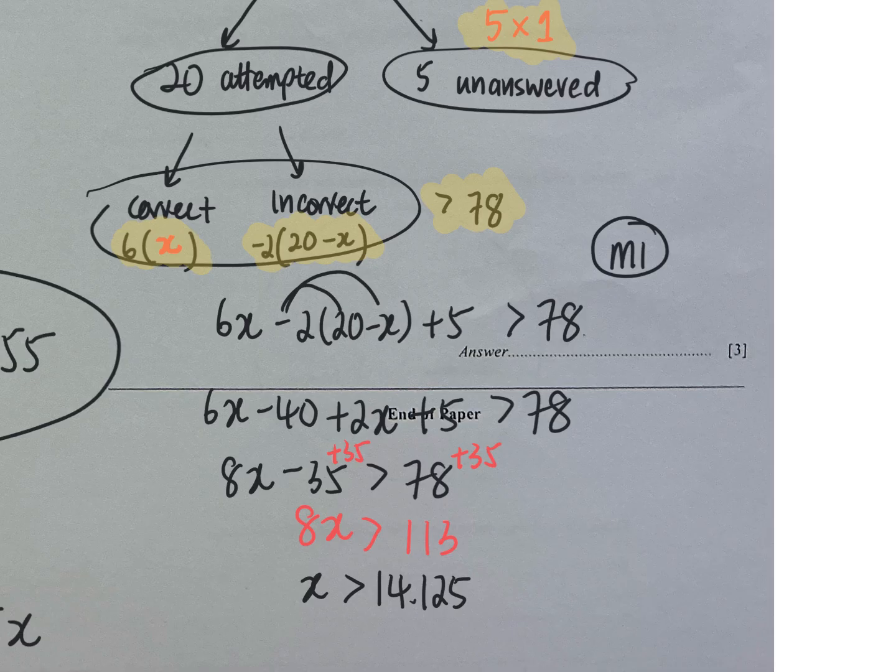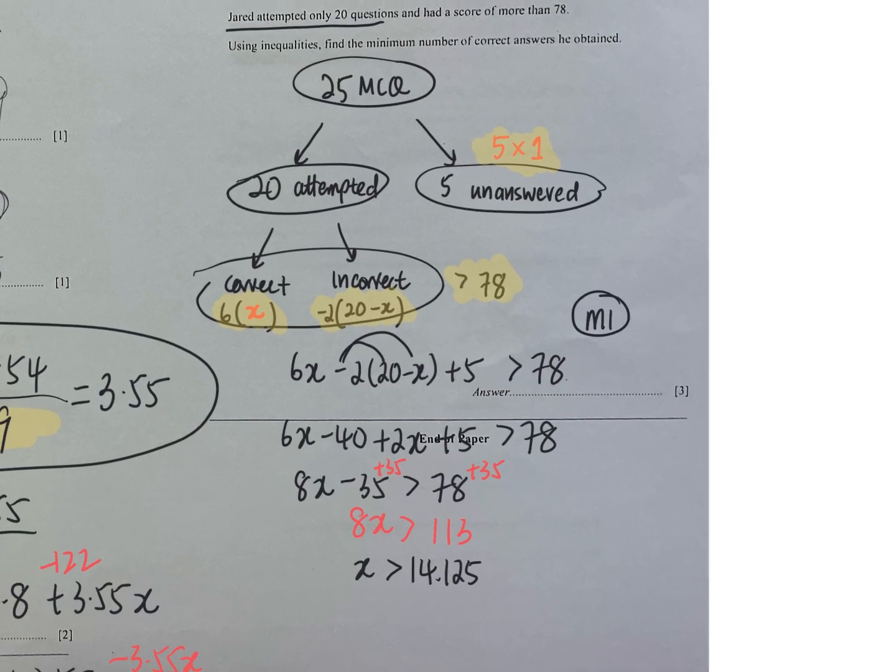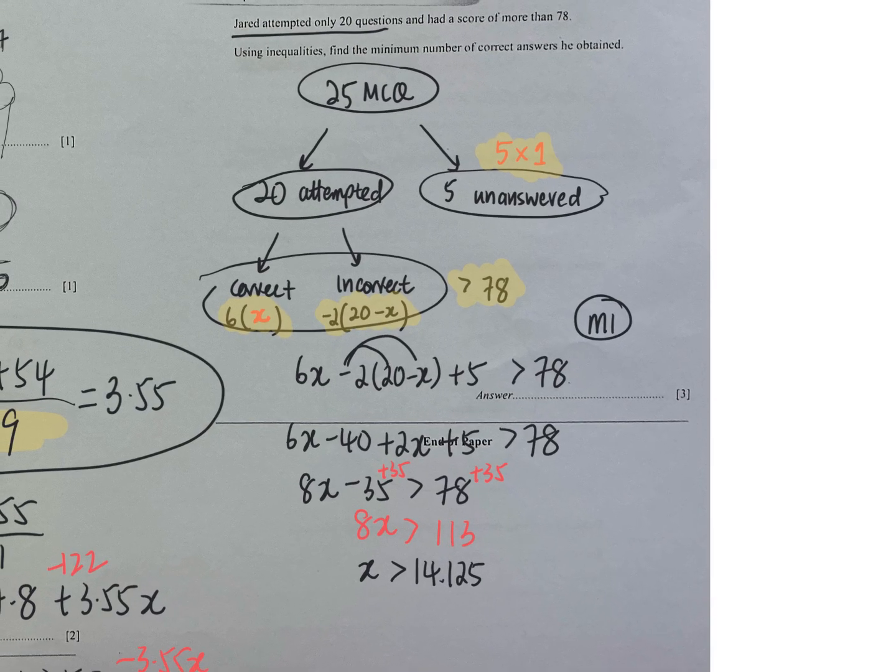So I need to answer more than 14.125 questions in order to get more than 78 marks. So I need to get at least 15 correct answers. Not 14, because you need to be more than 14.125.